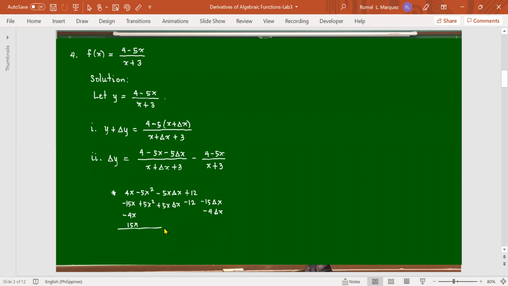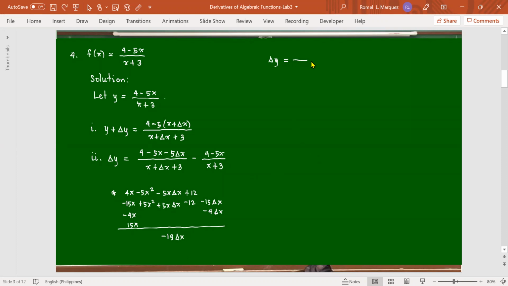Let's combine similar terms. So this is 0, 0, 0, 0, getting what? Negative 19 delta x. Am I right, guys? So therefore, what is our delta y, guys?